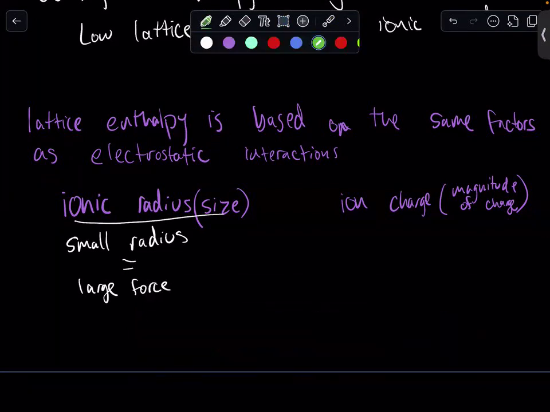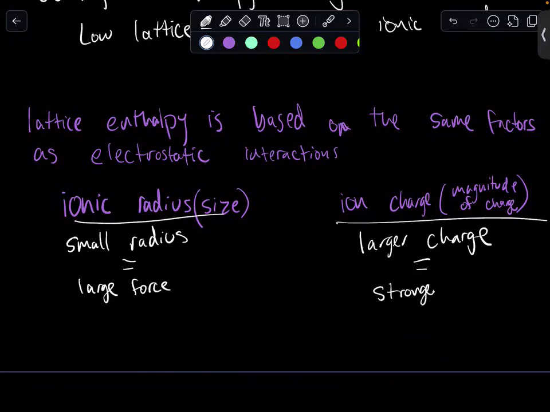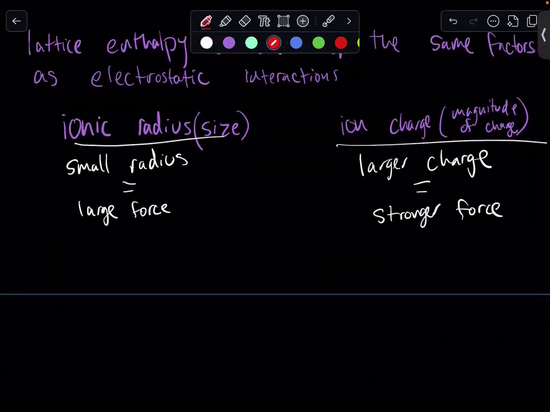Now, when we look at ion charge, the magnitude of the charge, we know a larger charge is equal to a stronger force. So now if we have a couple equidistant ions, we maybe have 1 plus and maybe a 4 plus, and we put a little 1 minus in the middle of this.